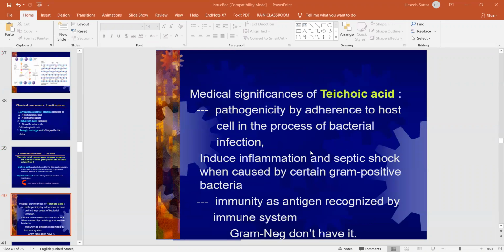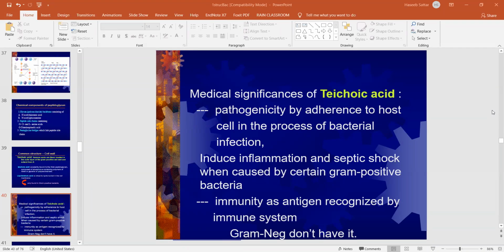So the main clinical significance of teichoic acid is its pathogenicity. Just like endotoxin of gram-negative bacteria can cause an immune response, teichoic acid produces inflammation and shock due to gram-positive bacteria. This teichoic acid also helps in identification in the lab, because it acts as an antigen, and it is recognized by our immune system, which produces antibodies against this bacteria.